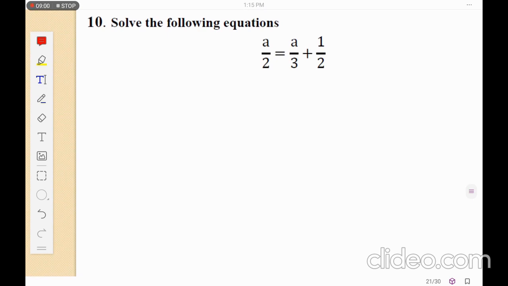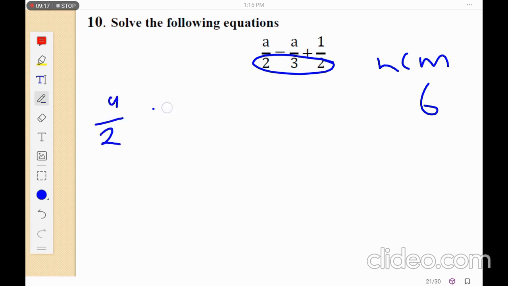Okay, for this one, we want to solve this equation. So I'm going to find the lowest common multiple for these denominators. I have the number 6 can be divided by all these numbers. So I'm going to multiply every item by 6. So I'll have a over 2 is equal to a over 3 plus a over 3 over 2 there.